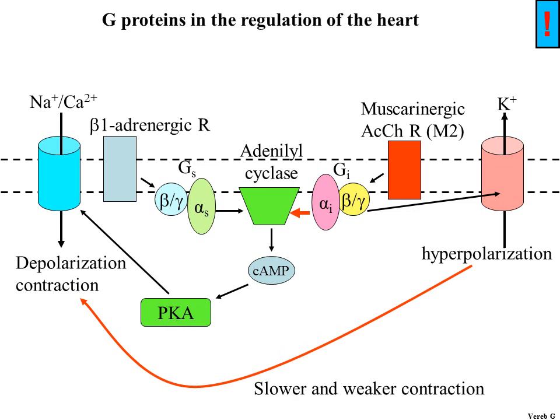The protein kinase A has various targets in the heart as well, and we only mention one target, which is the plasma membrane calcium channel of the heart, which causes influx of sodium and calcium and depolarization and contraction.